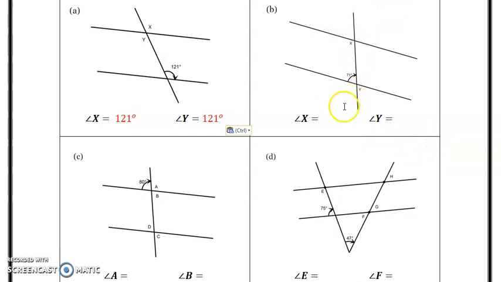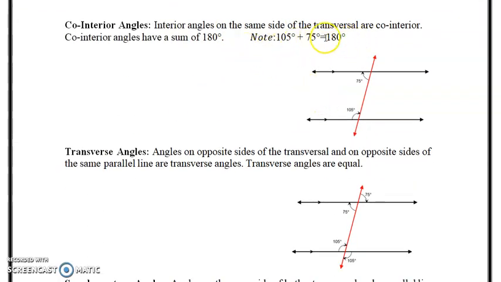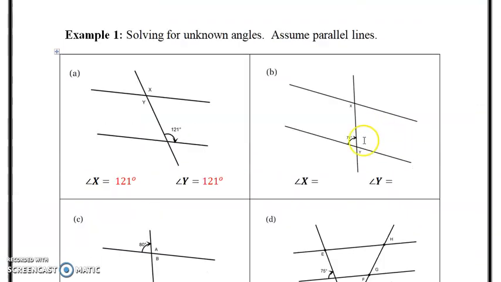All right, so now we have angle x. So we know it's 71, and we have angle x. These are called co-interior angles. And co-interior angles have a sum of 180. All right, so if we know that that's 71, we subtract that from 180, we know that this is going to be 109 degrees.